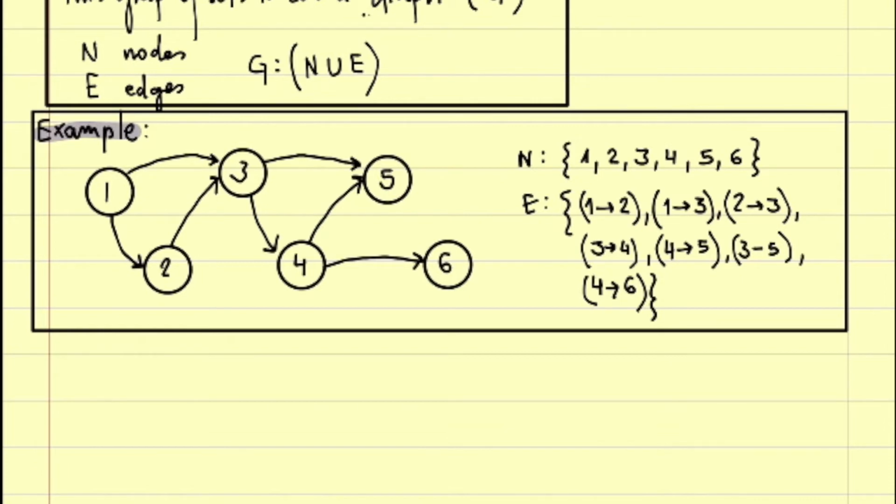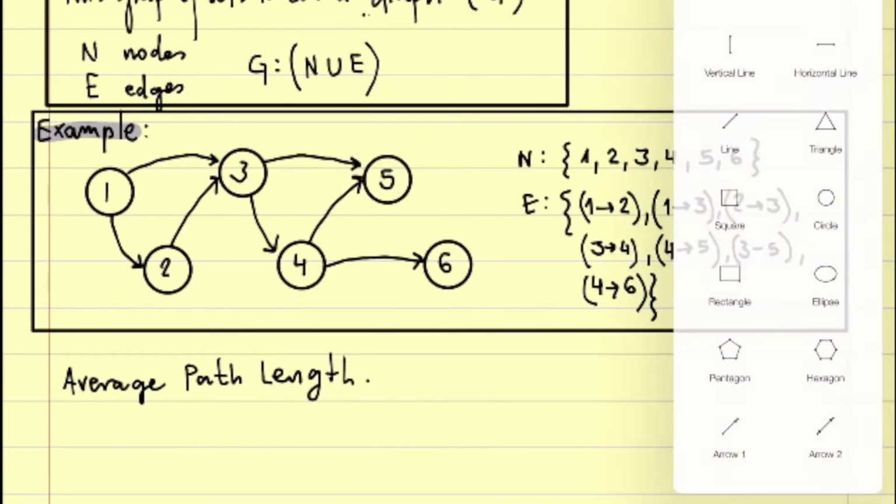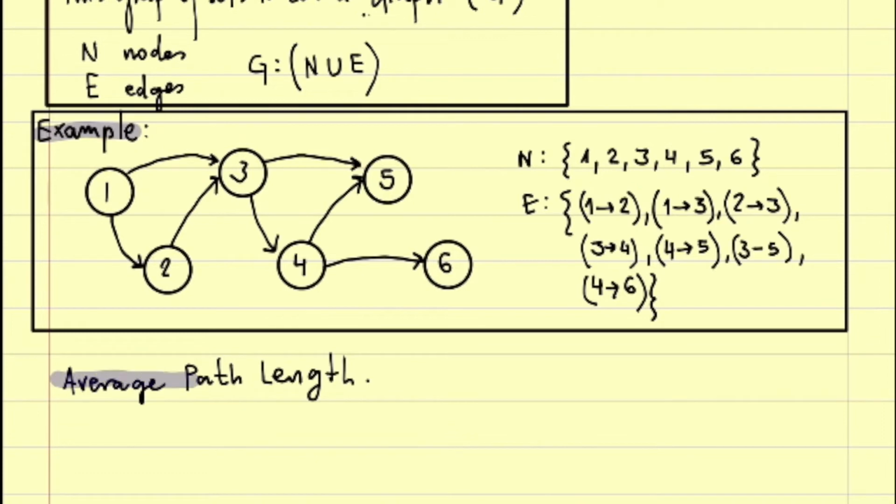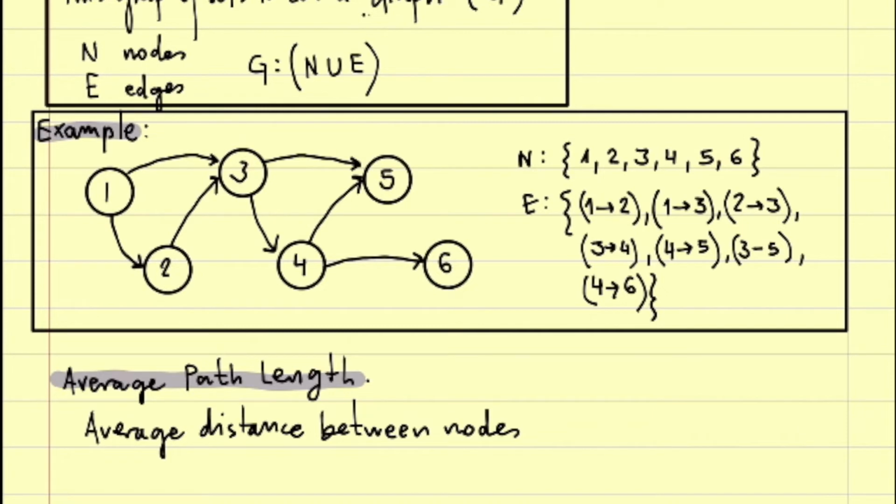So now let's calculate the average path length of this network. This is the average distance between nodes in the network.